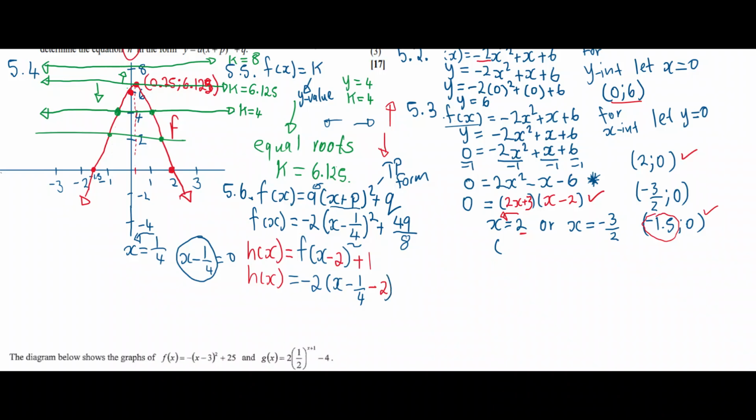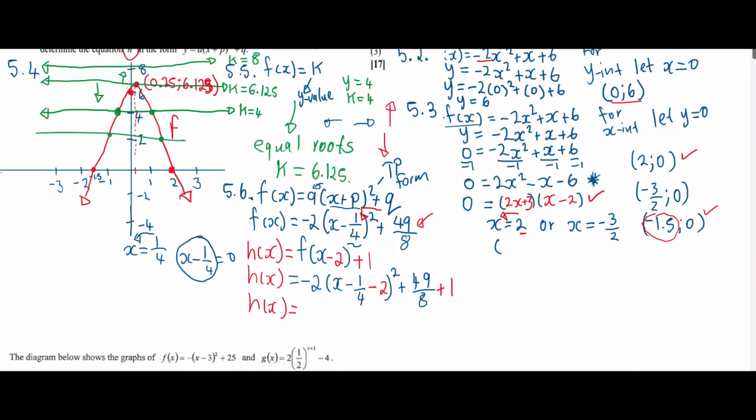When we subtract 2 inside the brackets, remember the bracket is being squared, and we also have plus 49 over 8 outside. So we add the 1 outside. The horizontal shift is performed inside, vertical shifts are performed outside the brackets.